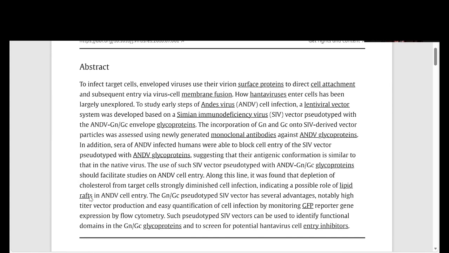So if a lipid raft is coming by, it might have the integrins on the lipid raft that actually help with the fusion. Now, there have been some studies looking at, I think it's the beta 3 integrin, that helps the Andes virus, the New World Hantavirus, to bind to the cell.